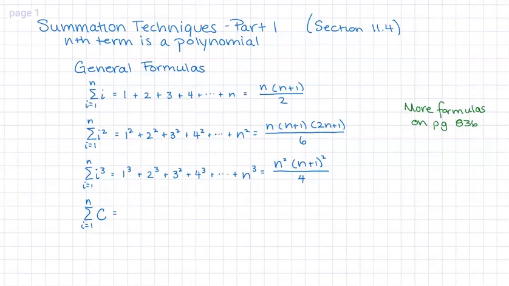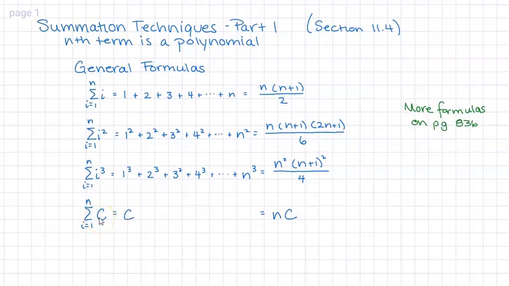So hopefully you paused the video, but let's talk about what this is. So if you were working this out and you got n times c, then you would be correct. So let's talk about where that comes from. Remember, it says i goes from 1 to n. So you're going to let i equal 1. And even though there's no i in the argument, you still have to think, okay, if i equals 1, what's the value of c?